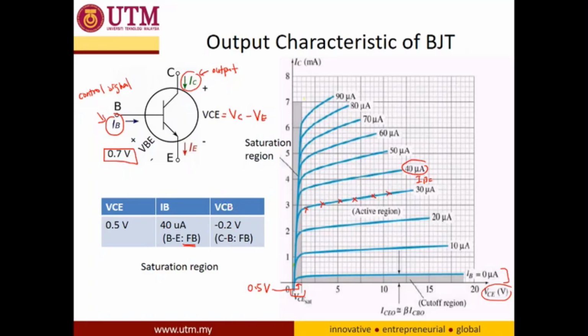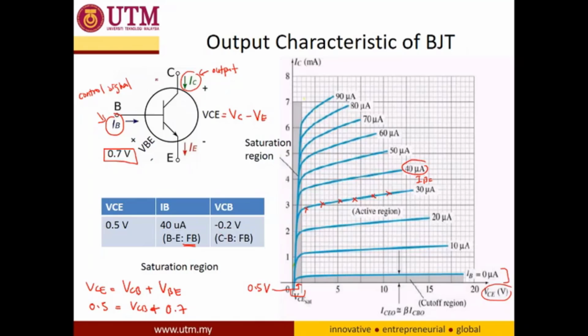Now we can calculate the value of VCB. In this circuit, VCE is VCB plus VBE. VCE is 0.5, VCB is unknown, plus 0.7. So VCB equals minus 0.7.